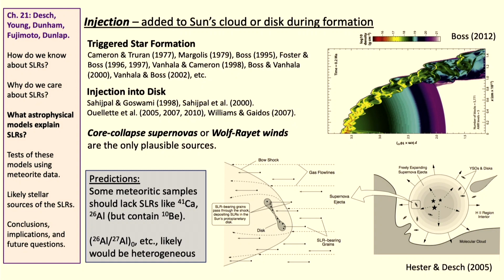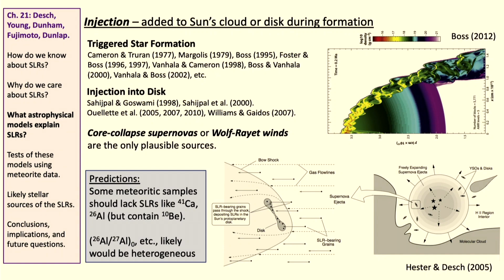But it makes sense. We see proplyds in the Orion Nebula that are in the vicinity of a massive star, and they can receive ejecta from a supernova or possibly Wolf-Rayet winds. I want to emphasize AGB stars and almost any other source, but a massive star has no place in this, although meteoriticists continue to think about it. But AGB stars are not associated at all with star-forming regions and young solar systems.